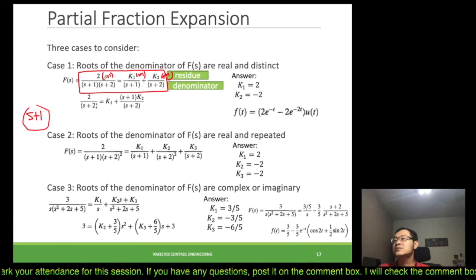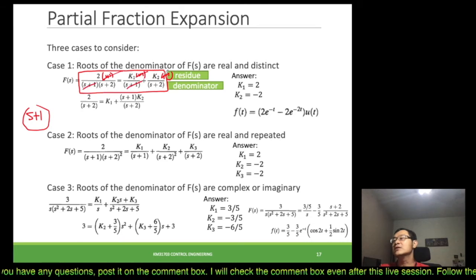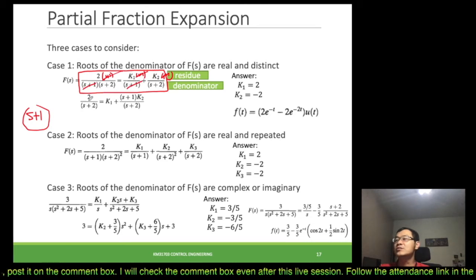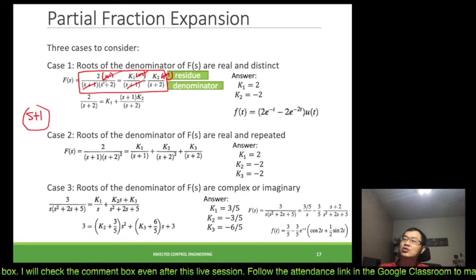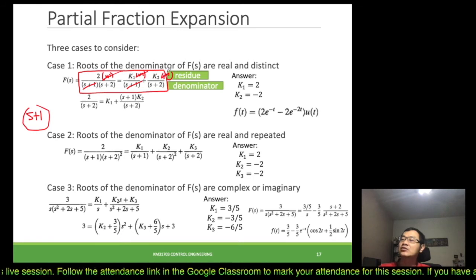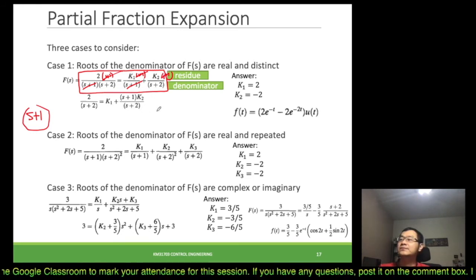So s plus 1 we can cancel out, but not this segment. So when we cancel out, we will see that this equals 2 divided by s plus 2, k1 and k2 multiplied by s plus 1 divided by s plus 2, right?